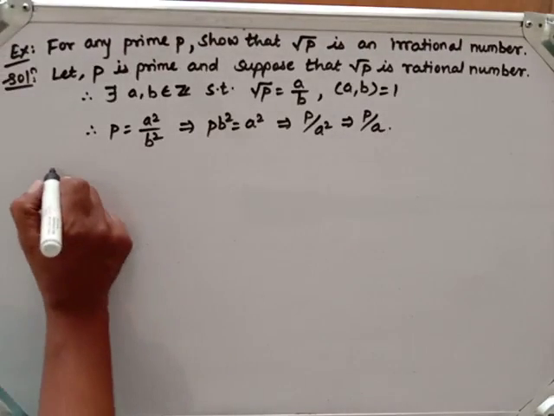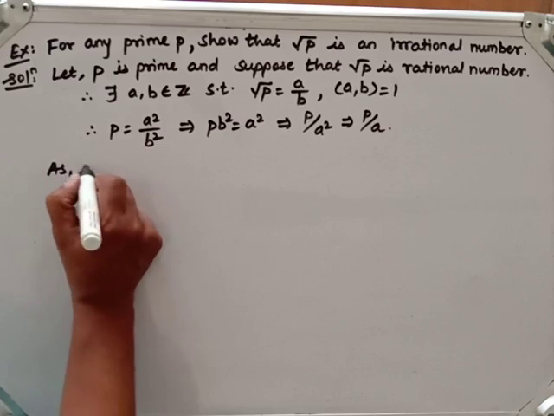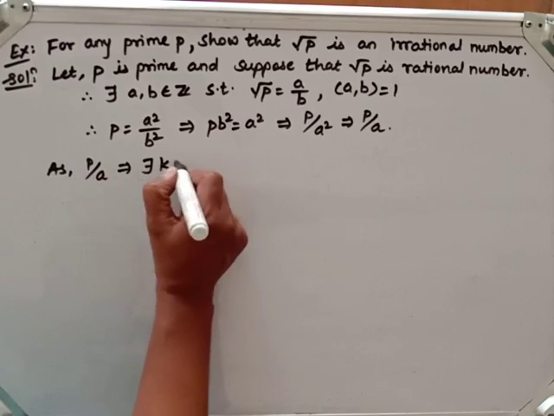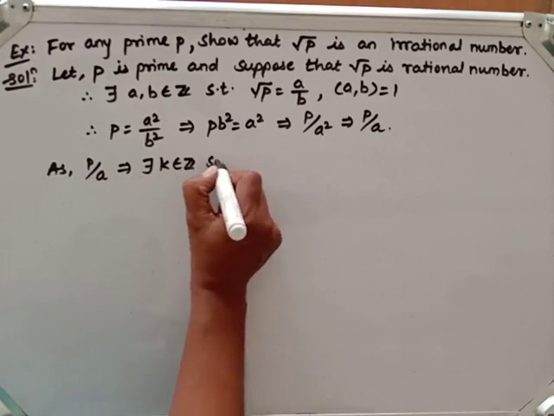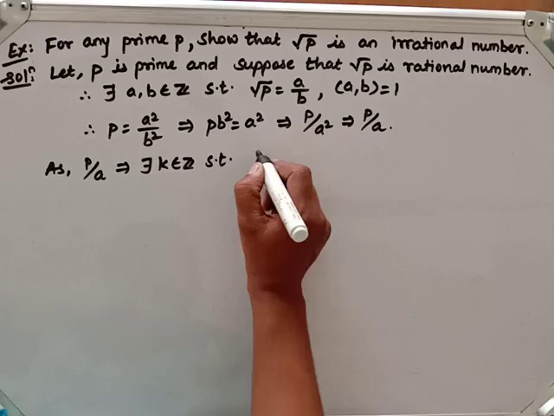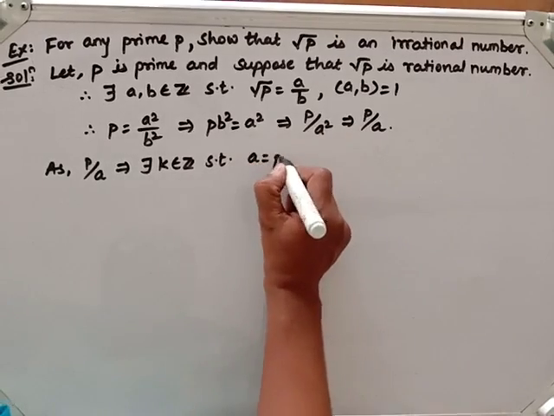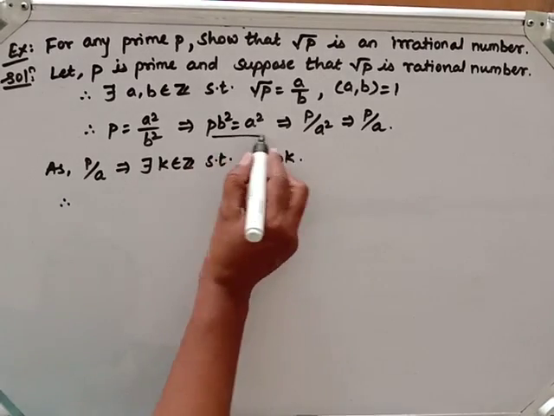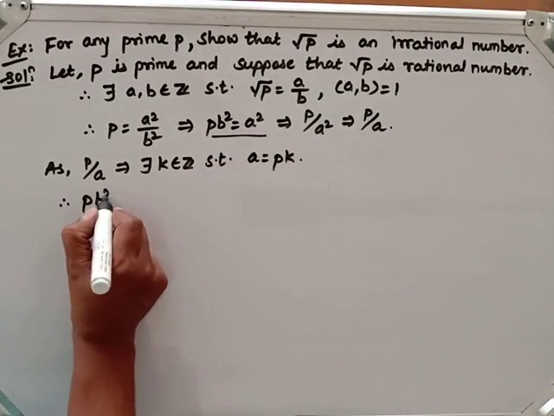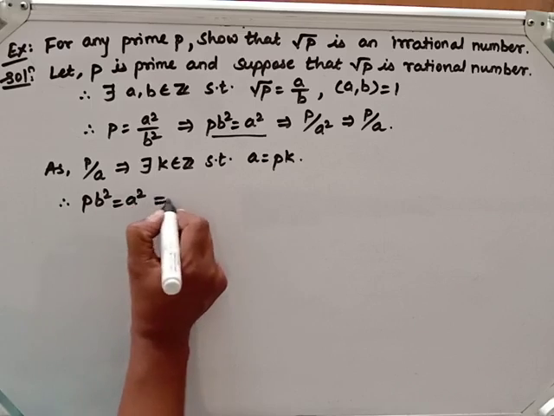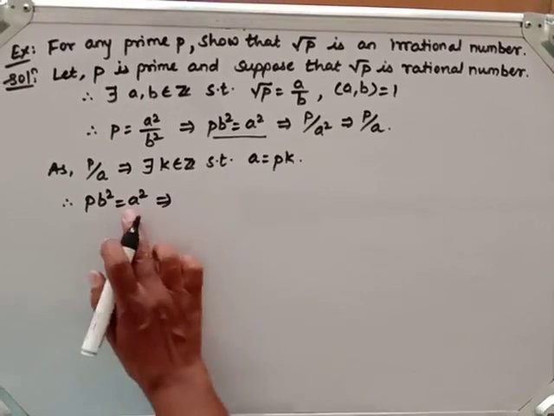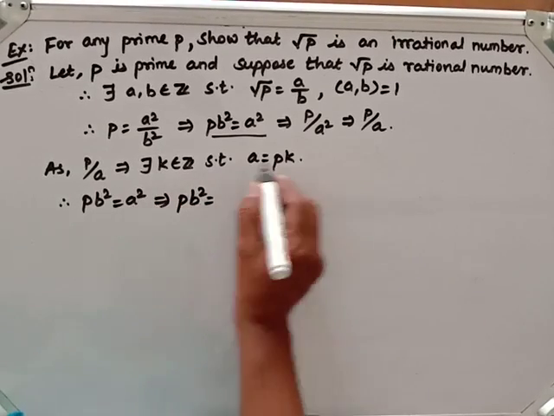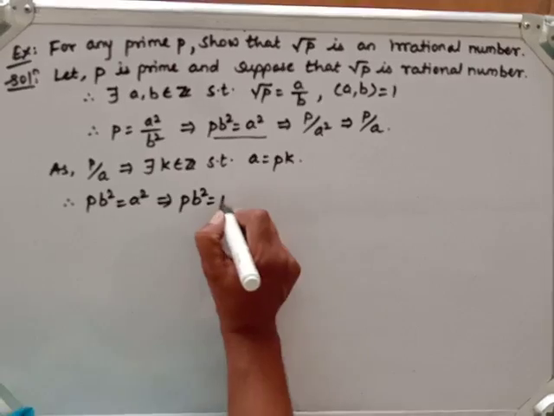Now P divides A implies there exists some integer K such that A is equal to P K. Therefore the equation P B square equals A square becomes P B square equals P square K square.